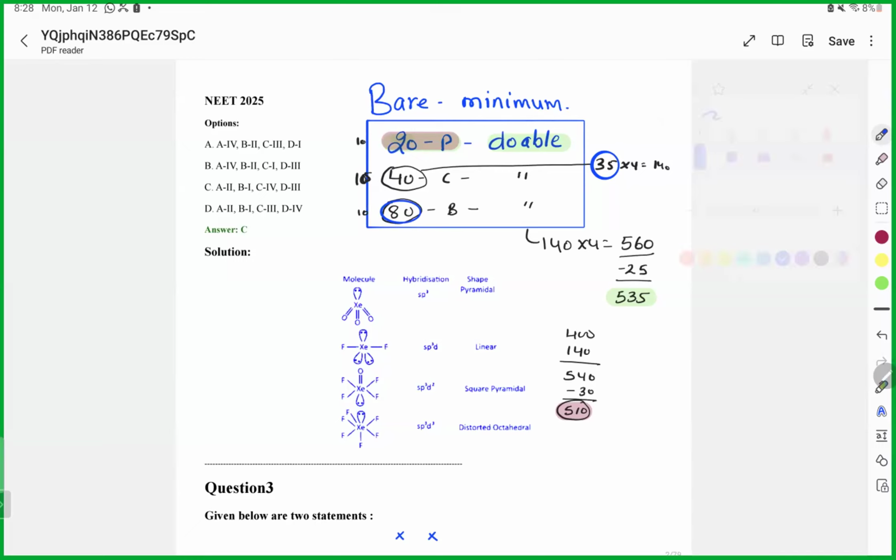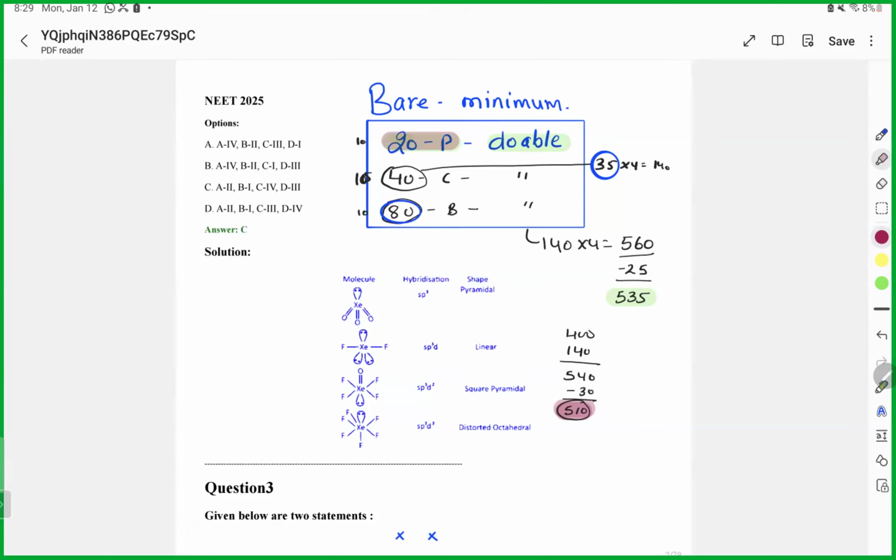It's not that the paper is difficult. Trust me, the paper is not. I understand becoming the first ranker is really difficult. Getting a rank in the top 100 or top 1000 is really difficult. I do agree. But we are talking about scoring marks so you can get into MBBS. Just that number. Make sense? Yes, sir.